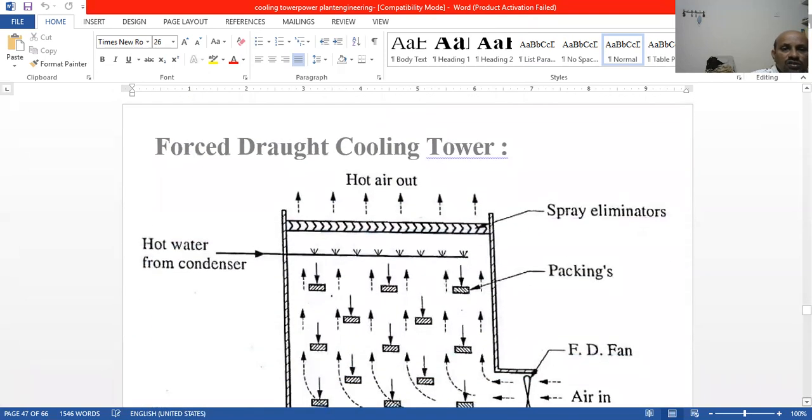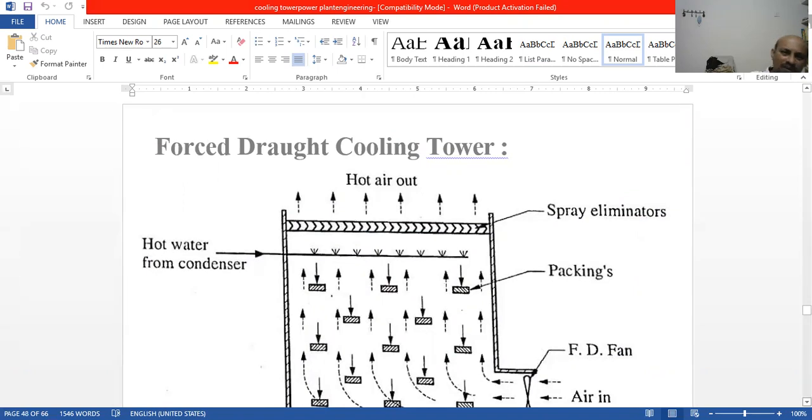Another is the forced draught cooling tower, after the natural draught cooling tower. In the forced draught cooling tower, hot air comes out and hot water enters inside. Over there, jets, sprays and nozzles will be there.